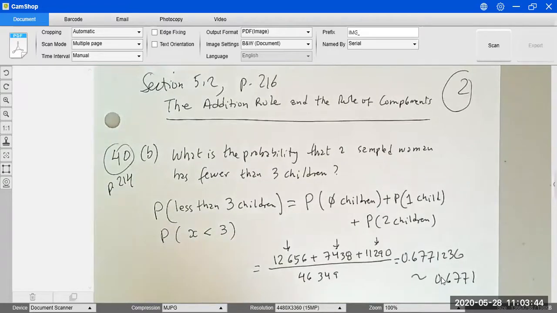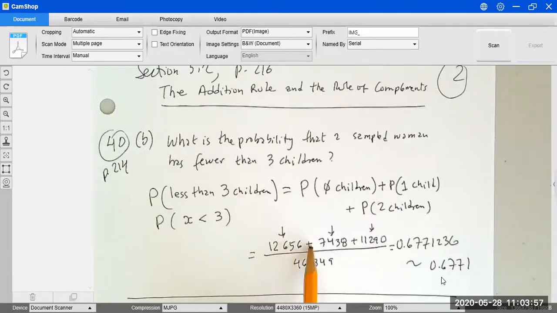In this case, we are combining 3 events: the event of having no children, having 1 child, or having 2 children. So we need to combine the corresponding frequencies.